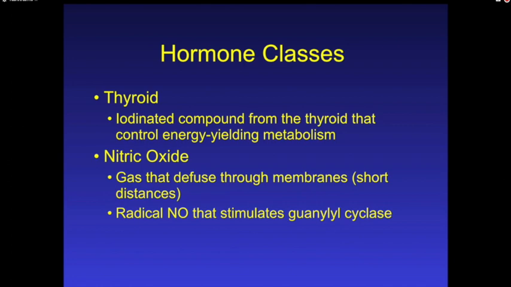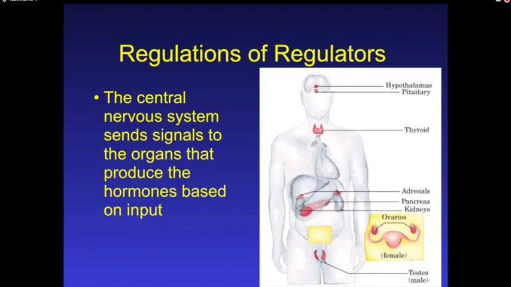Now, we did see a cyclic GMP pathway in rhodopsin in our eyesight, and so these types of pathways are seen as often, sometimes as cyclic AMP. Okay, so we're going to send out these signals.